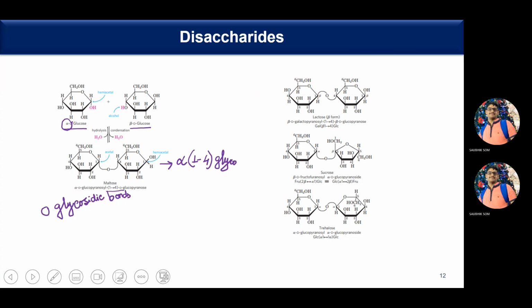And in another case, for example, in lactose, where you have glucose and galactose, as you can see, they are C4 epimers, right? So C4 will be on the opposite side. So here you can see this OH is down.